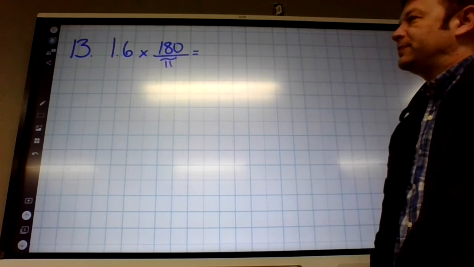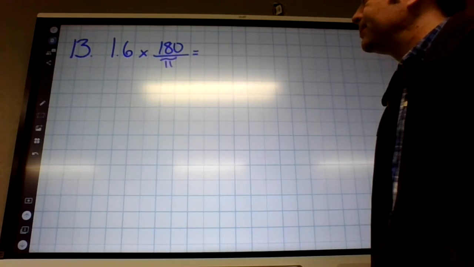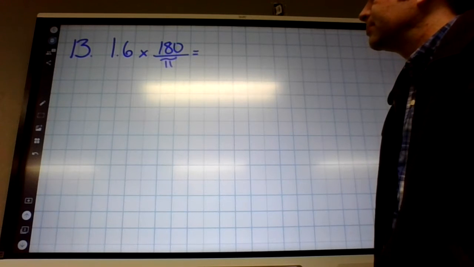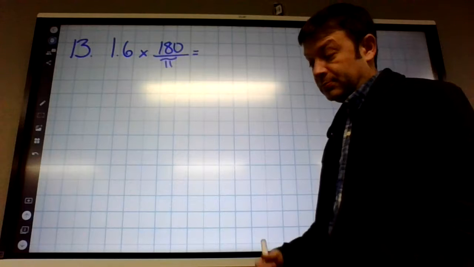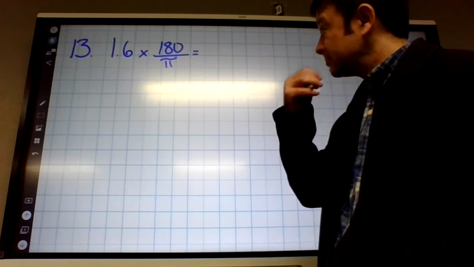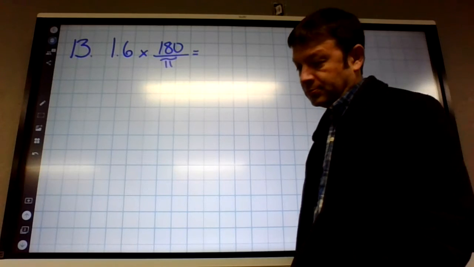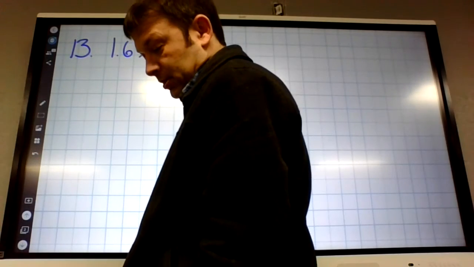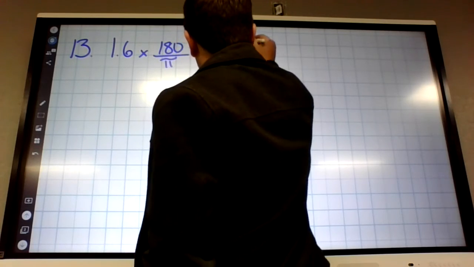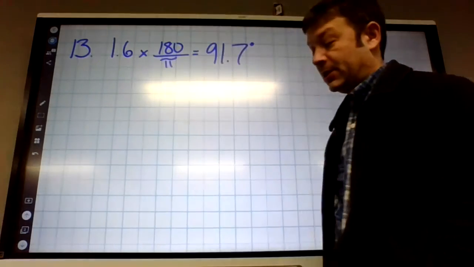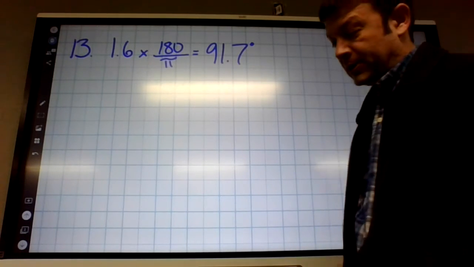They probably should have come up with a symbol, like the degree symbol. Anyway, you should get 91.7, and that is a degree answer, rounding to 1/10 of a degree.